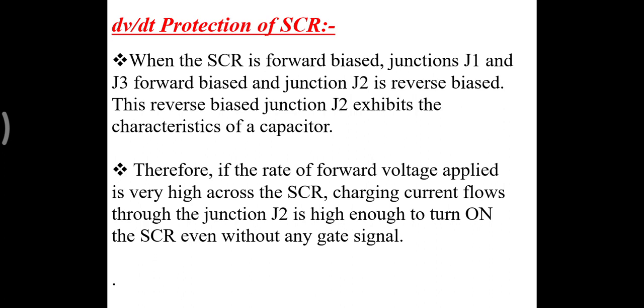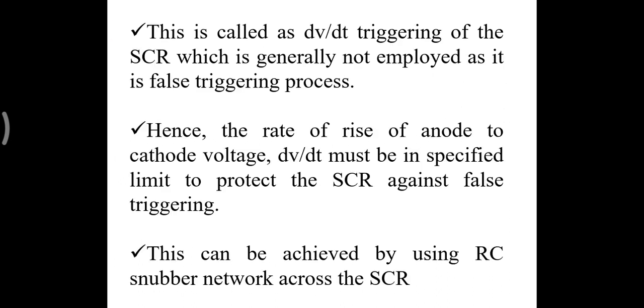When this high voltage is applied, the junction J2 will get conducted even without a gate signal. This is called dV by dt triggering of the SCR, which is generally not employed as it is a false triggering process. So the rate of rise of anode to cathode voltage must be kept within a specified limit to protect against false triggering.